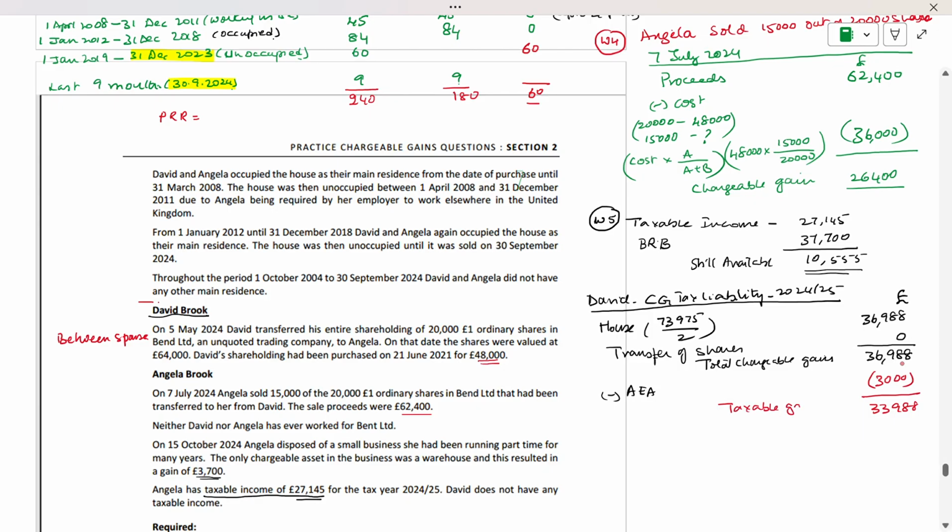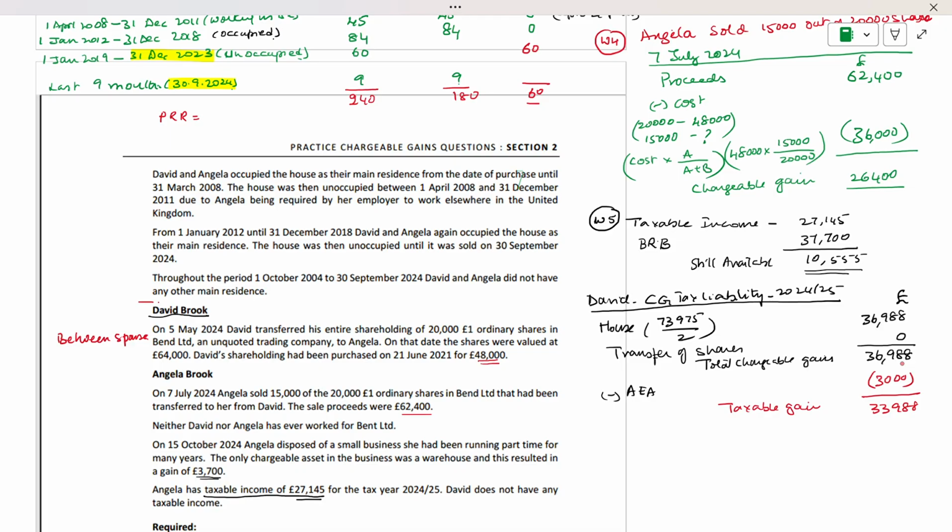Taxable gain. Now, what is the rate? Residential property is at 24%.